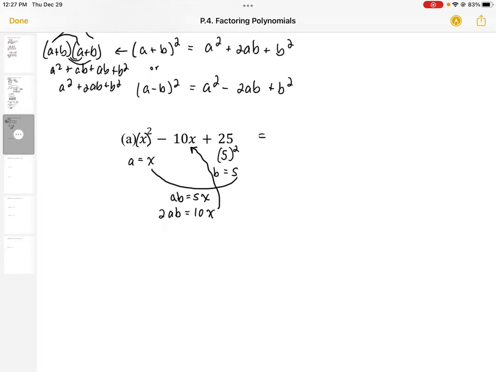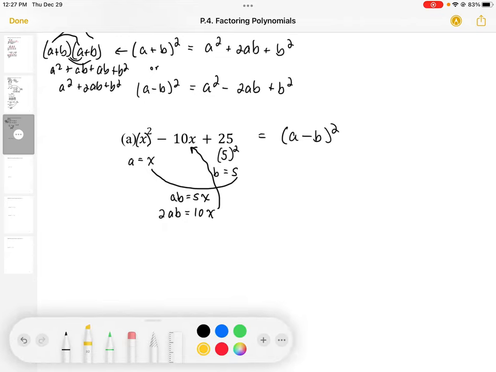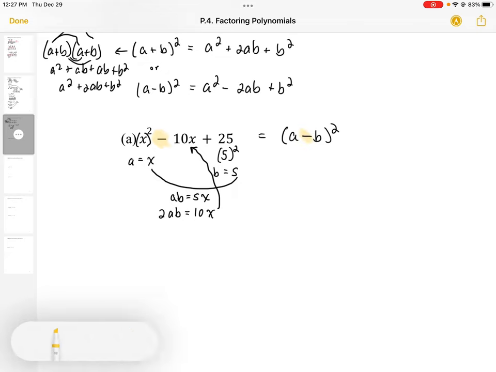So this will be equal to a minus b squared, and I'm using the minus sign there because I have a minus sign in my trinomial. And our a is x. I'm going to put it in parentheses because I always substitute in parentheses, even though sometimes it gets a little clunky looking.